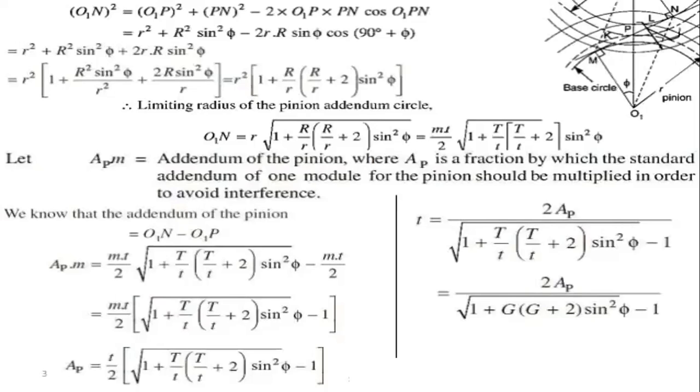So by substituting all the fractions, we got the AP value, that is the addendum of the pinion, where AP is taken as the fraction by which the standard addendum of one module. Then it is taken as O1N minus O1P, where O1N means the other end of the tangent and P is the pitch circle point.